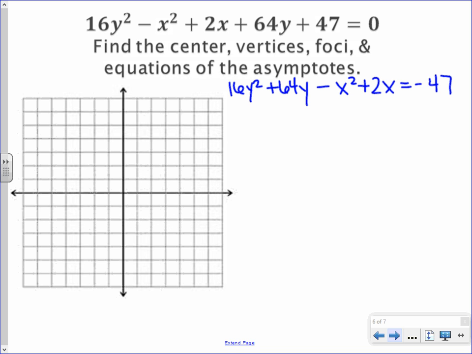I like to keep the positive term first, so I'm going to keep y squared first and then x squared second. Since y squared has a coefficient of 16, we will factor out a 16 from our y terms. That means we're left with y squared plus 4y plus a mystery number. We'll come back to that later.